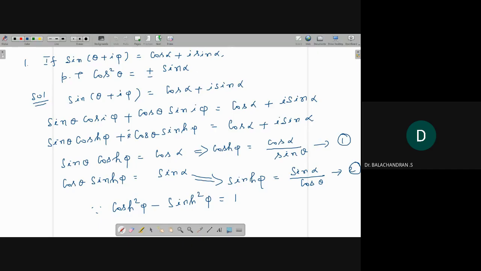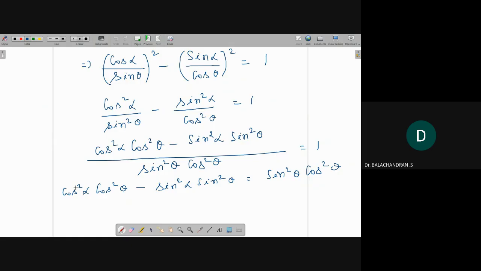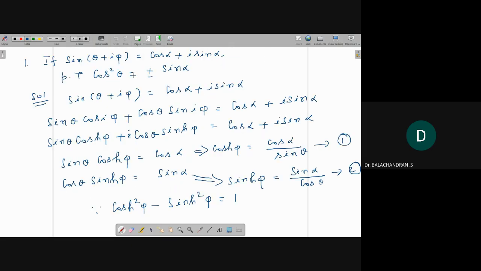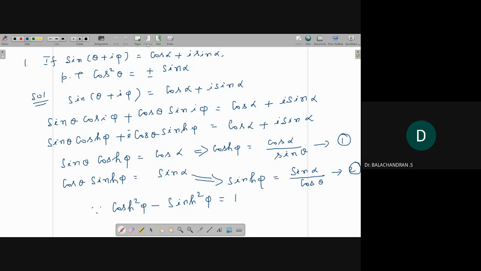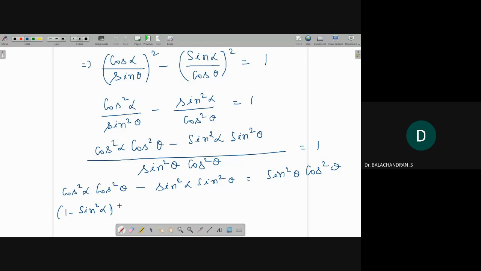So this is the idea. I don't need cos square alpha, but I need sin alpha, so I'm going to write 1 minus sin square alpha. Next, I have cos square theta, so I don't want to disturb cos square theta.